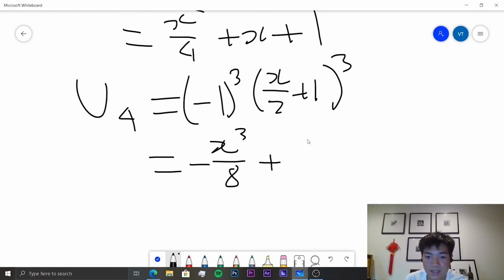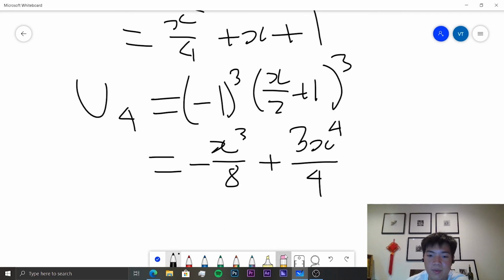Plus 3x over 2. Oh, no, sorry. It would be plus 3 times x over 2 squared, x squared over 4, 3x squared over 4.